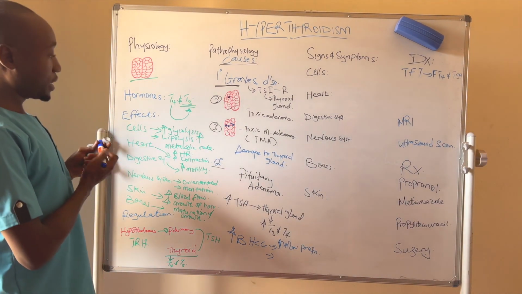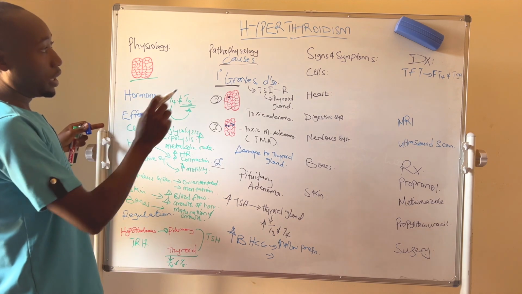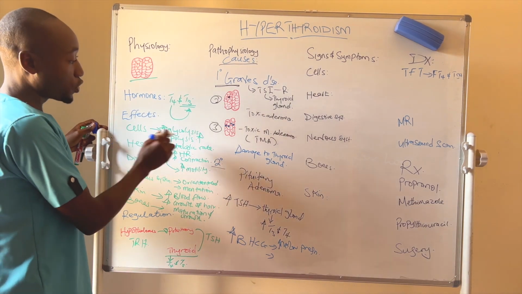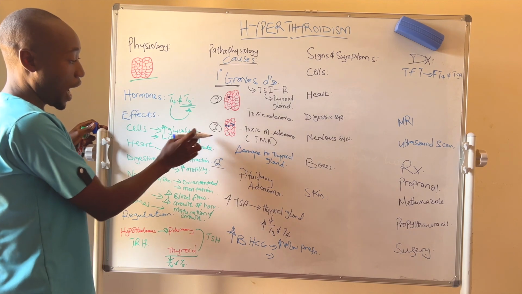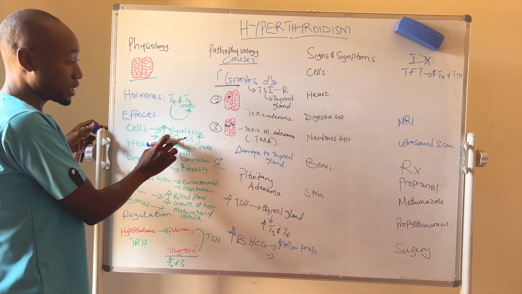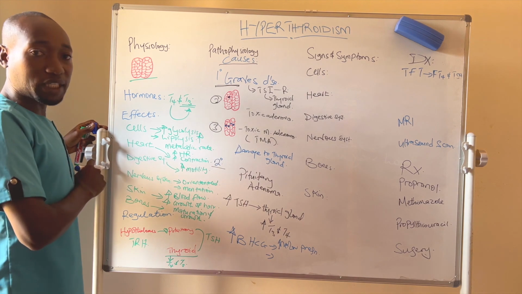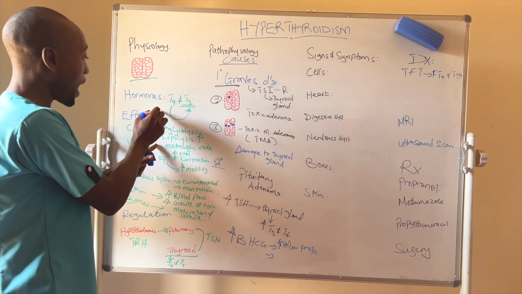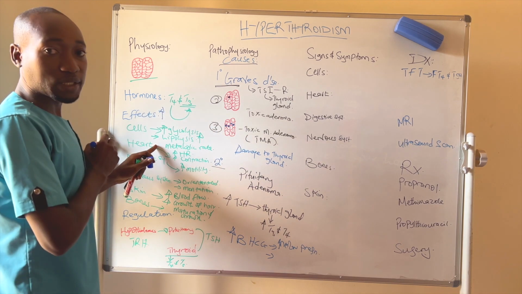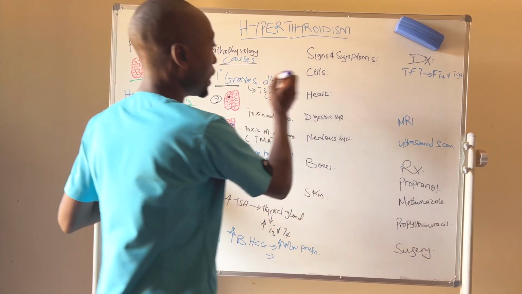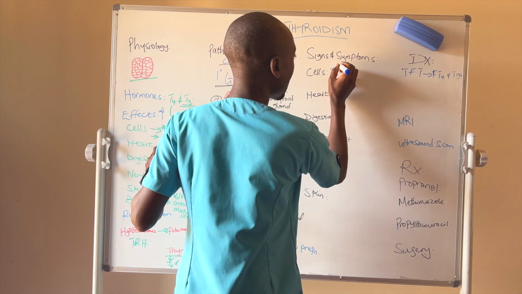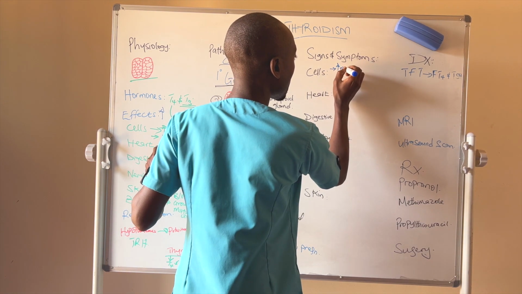So we said that the thyroid hormones are responsible to increase glycolysis, are responsible to increase lipolysis, and therefore increase the metabolic rate. So meaning, if we are having a very high increase, okay, in these hormones, here on the cells, we are going to have a very high increase in metabolic rate.